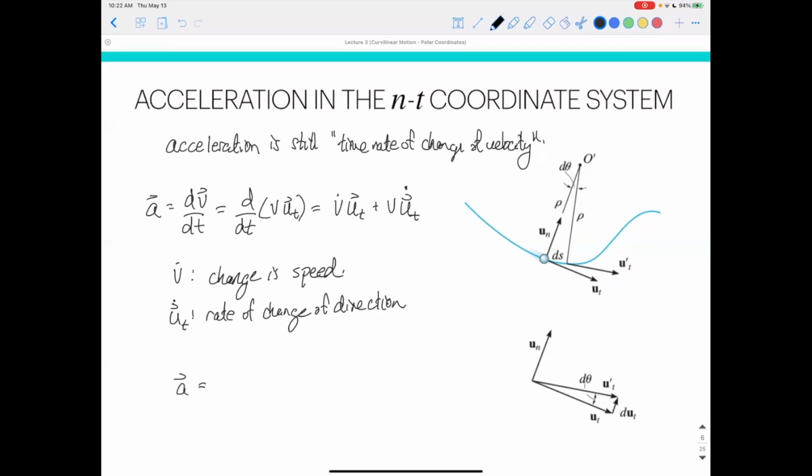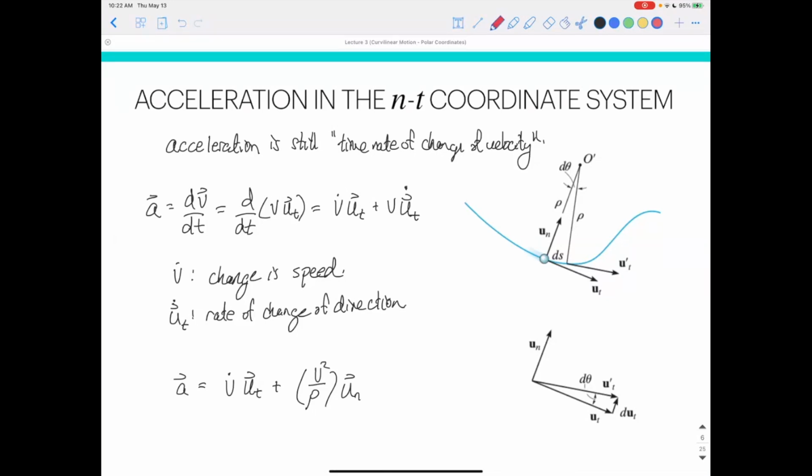But what we have is our final equation for acceleration, which is equal to our change in speed times our tangent unit vector plus our speed squared divided by our radius of curvature, rho, times our normal unit vector.